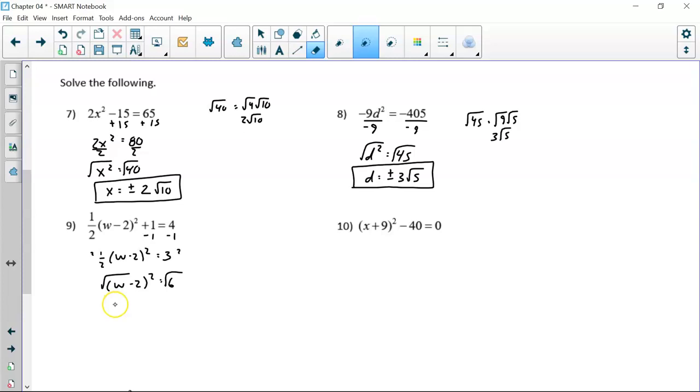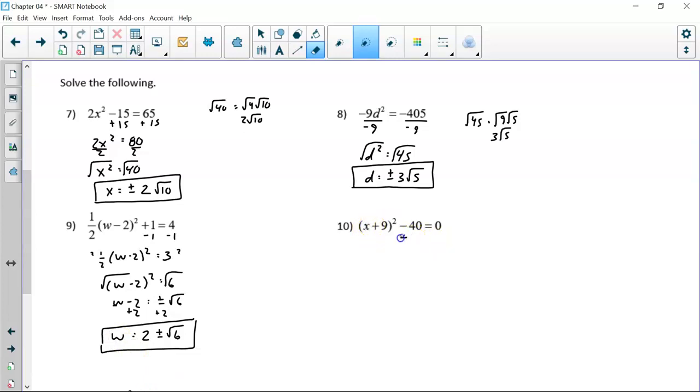So we get w minus 2 equals plus or minus, and we can't simplify the square root of 6. So we just leave it as the square root of 6. And then we add 2 to both sides. So w equals 2 plus or minus the square root of 6. And there's our solutions right there.